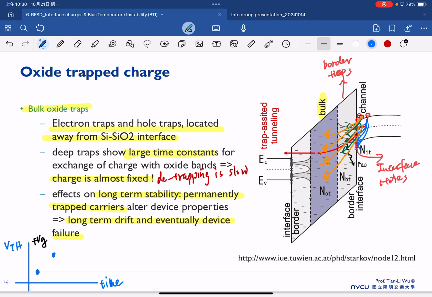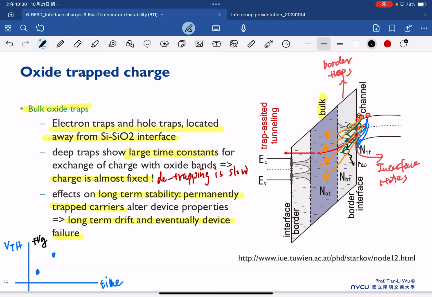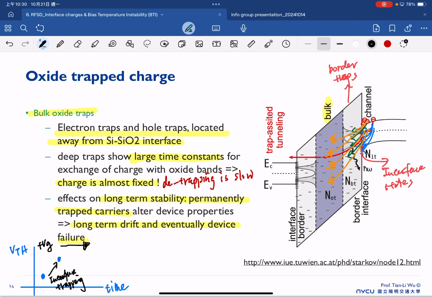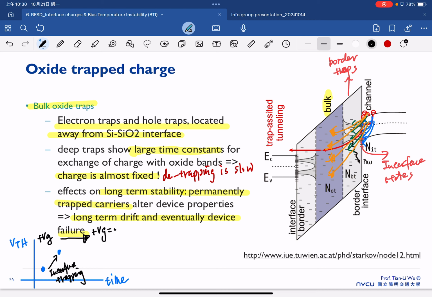But if this is mainly due to the interface trapping effect, then what we expect is, now we consider the status where we don't provide any bias, that is VG equal to 0 volt.